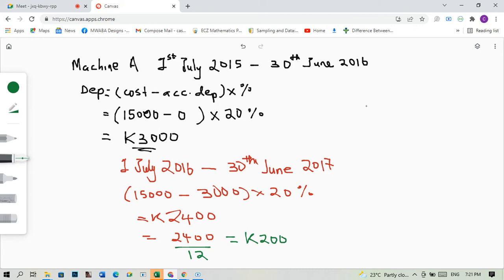So on this side, we say from 1st July 2016 to 31st December 2016.